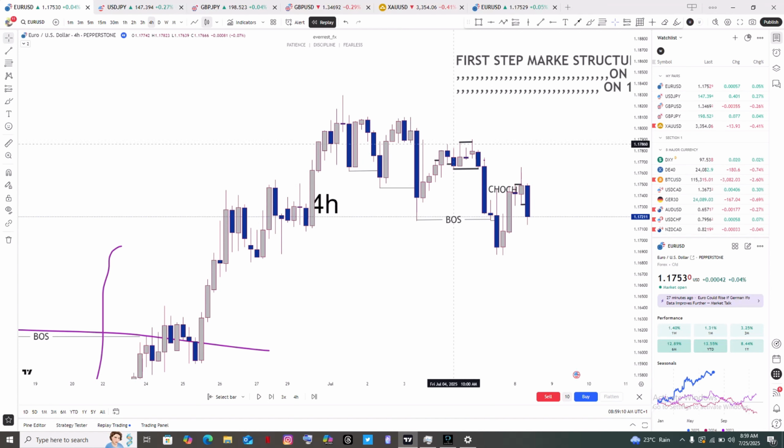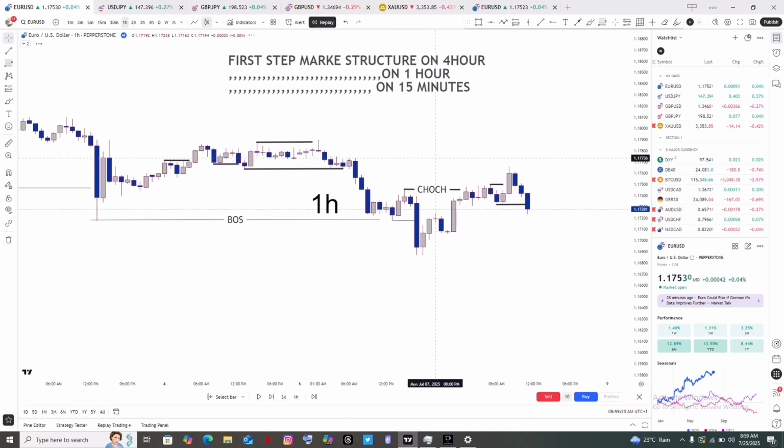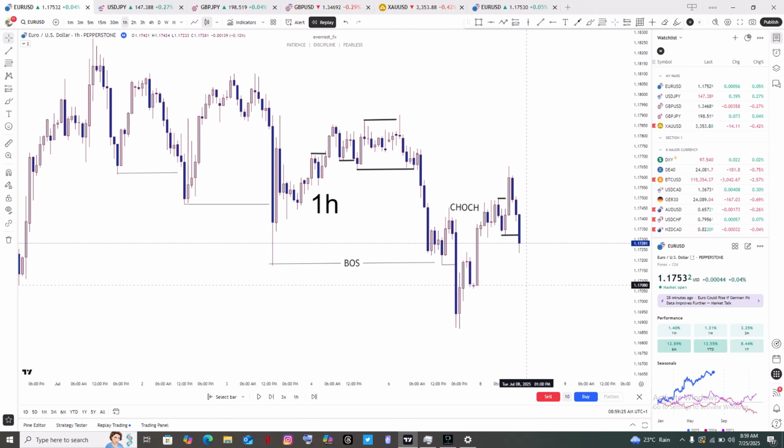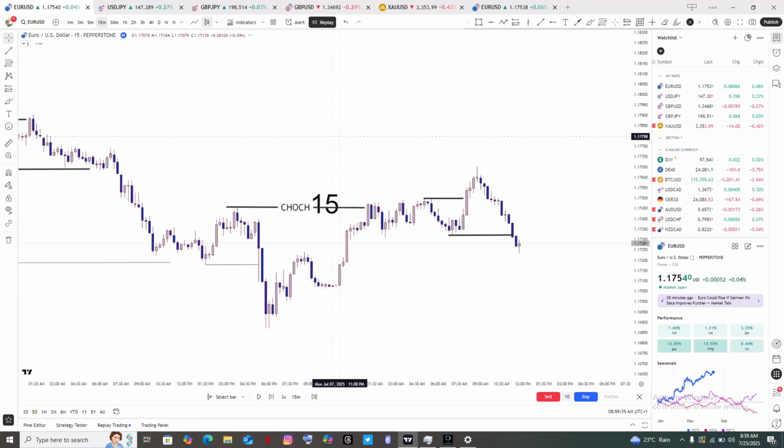We saw that we already have a high and a low, and now the market is giving us another high. We know that anytime from now the market will start falling. Then we go to our 1 hour for more clarification. On our 1 hour, we find out that there are still other structures here. We marked them. Now we went to our 15 minutes.